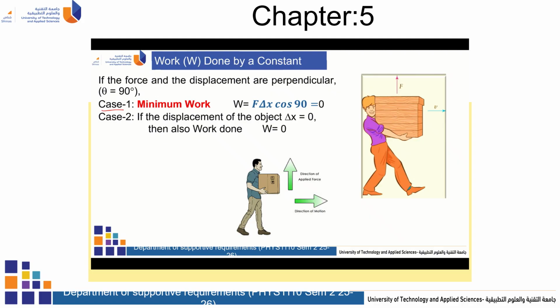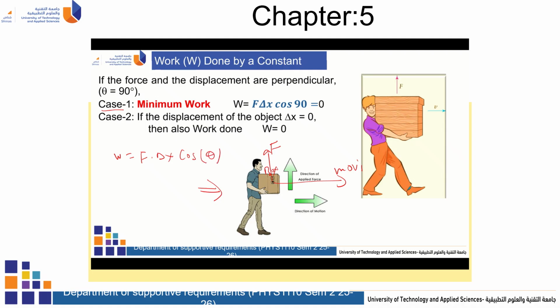In this diagram, the person is lifting a box by some force, and the person is moving in this direction. This picture represents a person moving on the ground while holding a box. This is the formula for the work: W equal to F, delta x, and cosine theta.